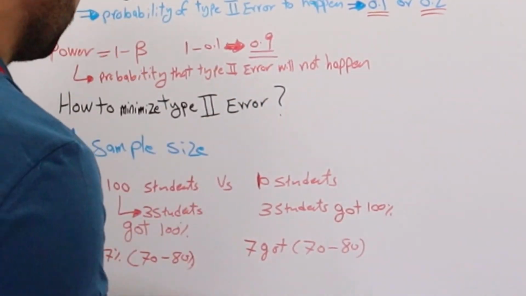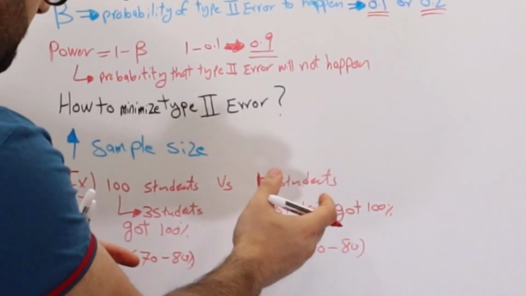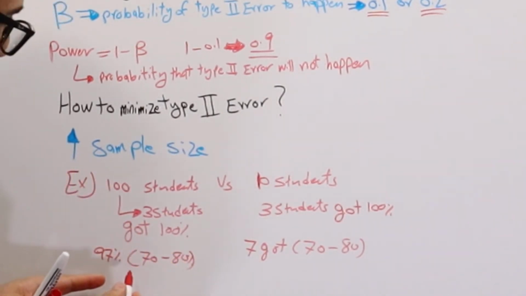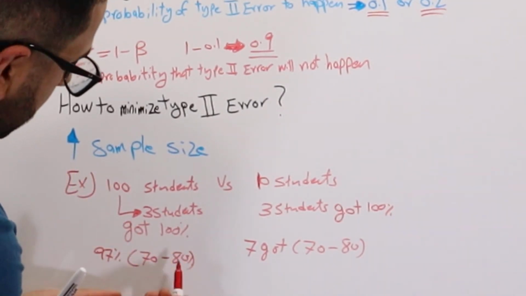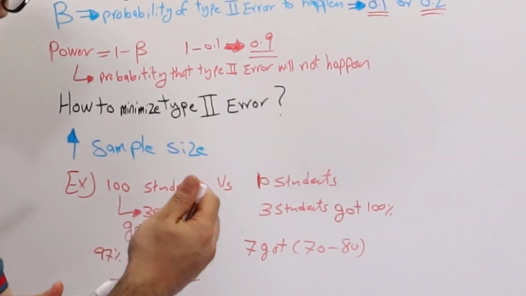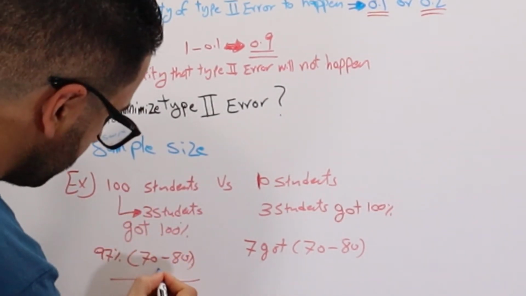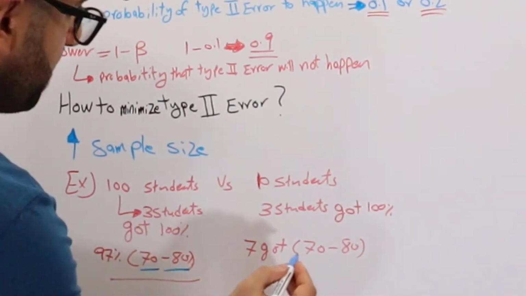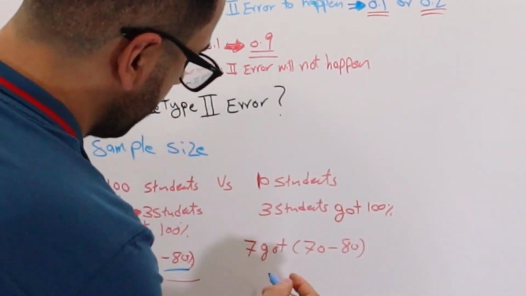So what happened when we are determining the mean in this case, it's going to be shifted towards 70 to 80, even though in this example over here, the mean is going to be way closer to 70 and 80% in comparison to this example over here.